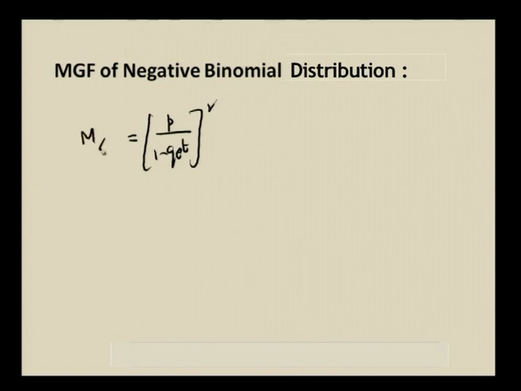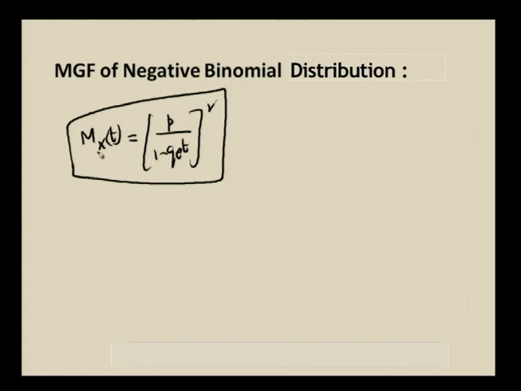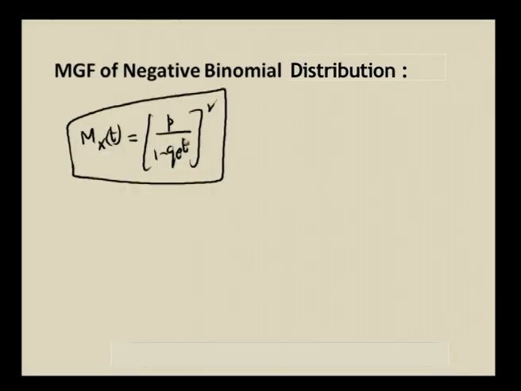This is the moment generating function of negative binomial distribution, whereas when you put r = 1, we get the moment generating function of geometric distribution. Then by the uniqueness property, the distribution which X follows will be the geometric distribution. So, M_X(t) for negative binomial distribution is (p / (1 − q e^t))^r. Through this we have to get the mean and variance.